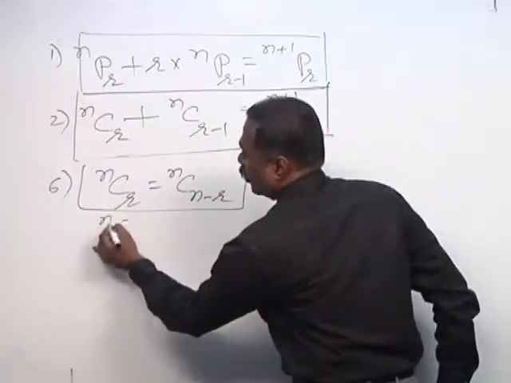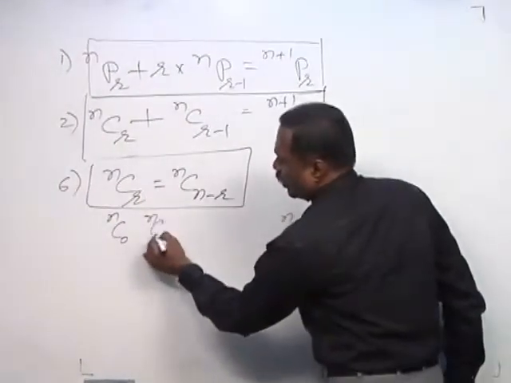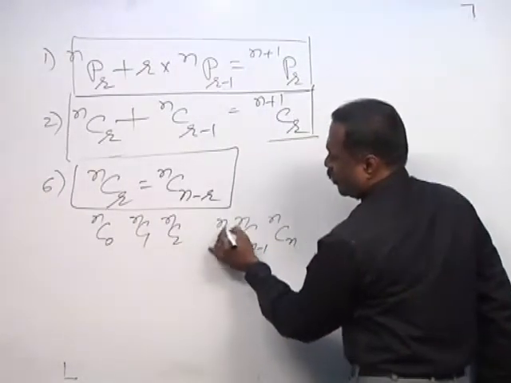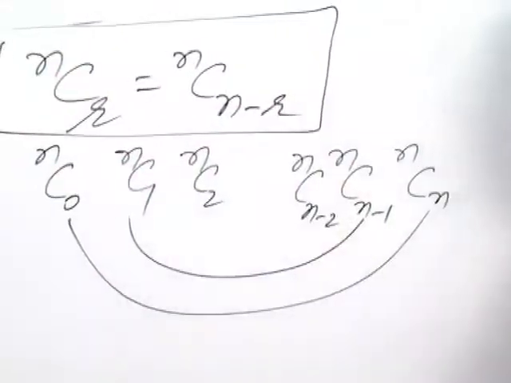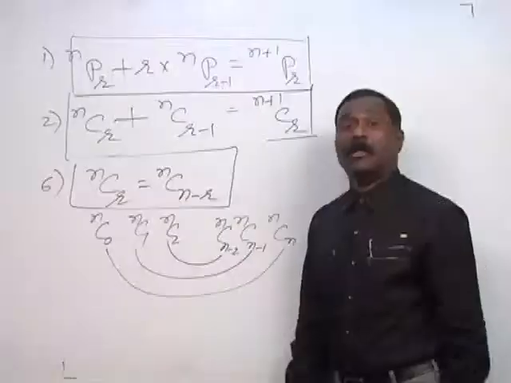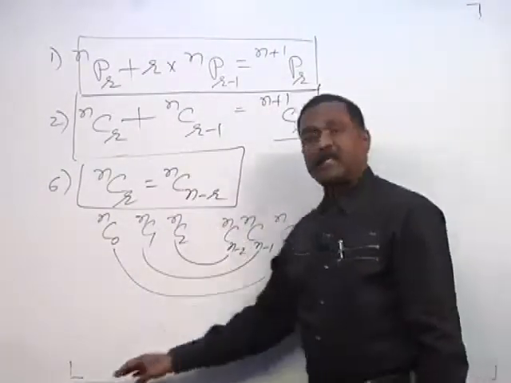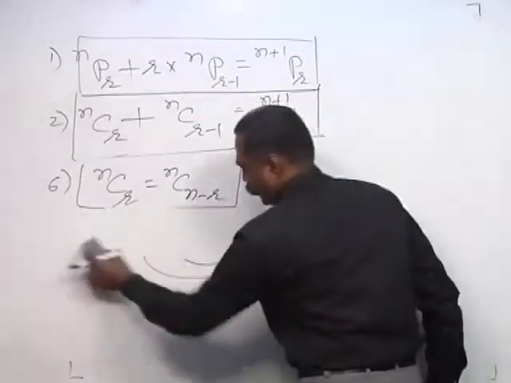You know that the binomial coefficients are like this: nC0, nCn, nC1, nC(n minus 1), nC2, nC(n minus 2). That means nC0 and nCn are equal, nC1 and nC(n minus 1) are equal, nC2 and nC(n minus 2) are equal. That is why, basing on this property only, in the expansion, the binomial coefficients are used.